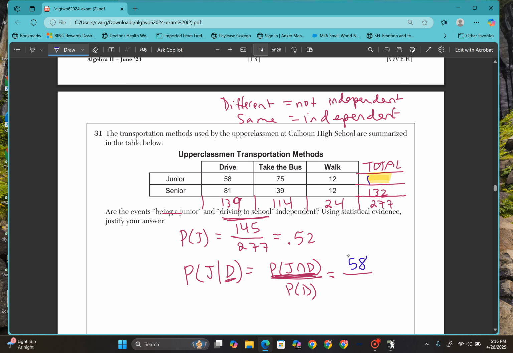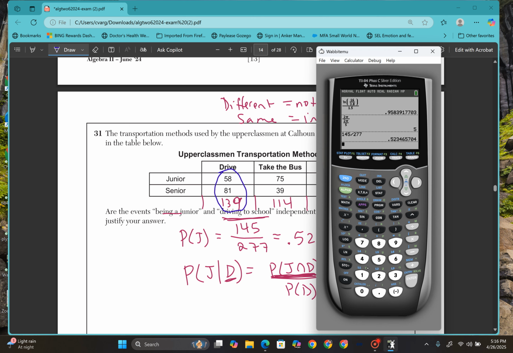Let me just put this 145 down. How many drive to school altogether? The people who drive to school altogether are just these, which is 139. So 139 goes on the bottom. And this is something I can also plug into my calculator. I have 58 divided by 139.